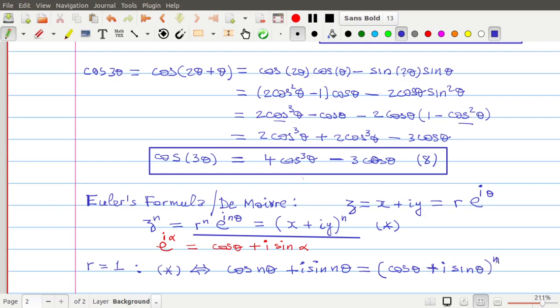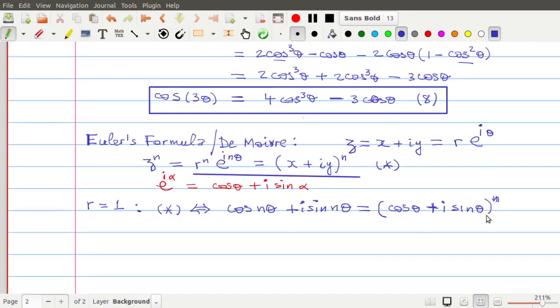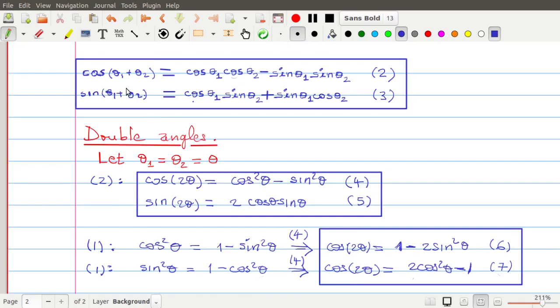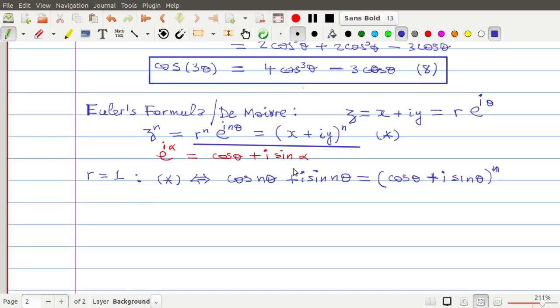So we can expand this using the binomial expansion. Let's do that for 2 and 3 and see what we get. You can do that for any angle. That's just to show you that instead of expanding all this for large angle, you can just use this result, Euler's formula.